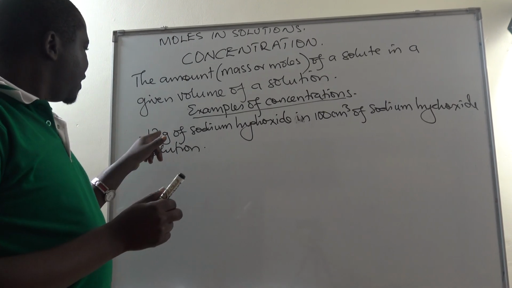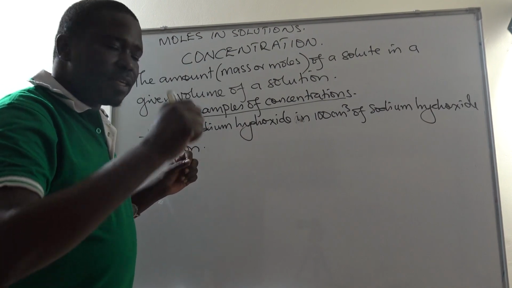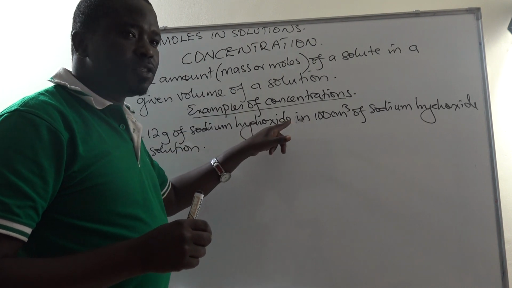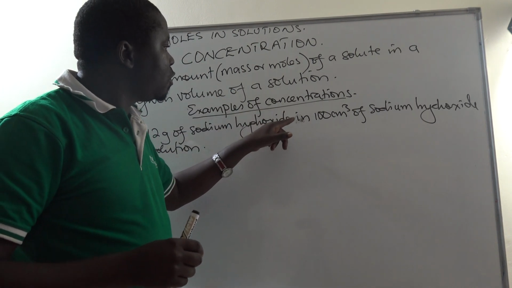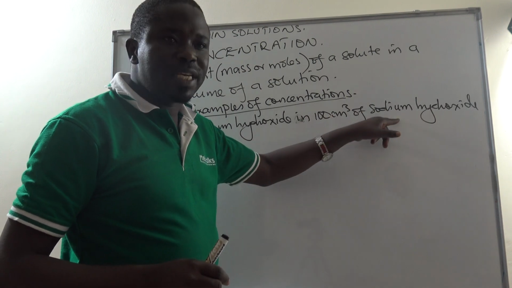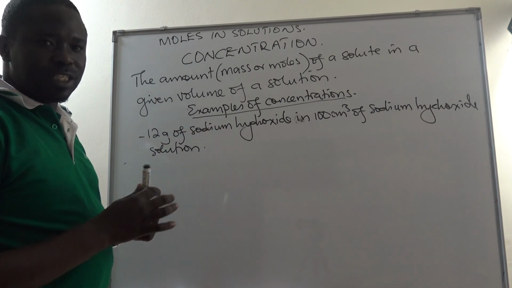It means that I dissolve 12 grams of sodium hydroxide in the correct solvent, in this case water, to produce 100 cubic centimeters of sodium hydroxide solution. So this one is the concentration of this solution.